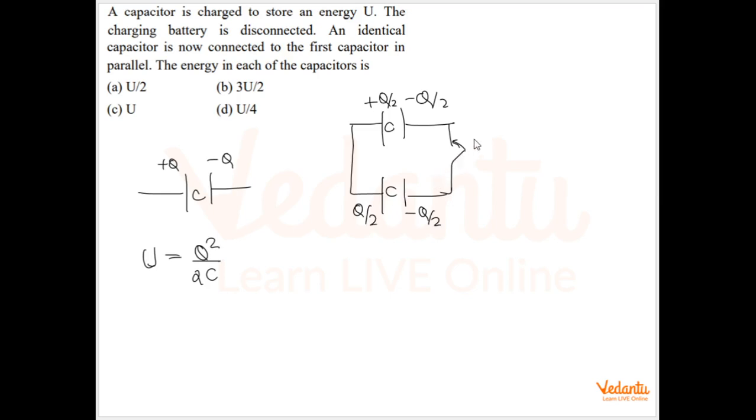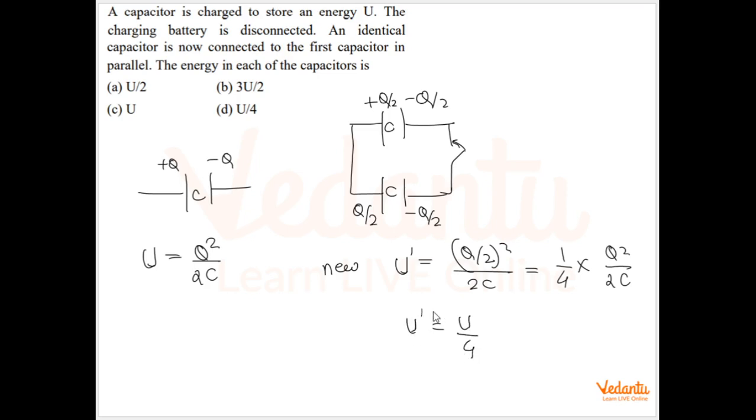Now here the new energy of any one capacitor will just be equal to (Q by 2) the whole square divided by 2C. That will be 1 by 4 into Q square by 2C. That will be nothing but U divided by 4. So option D will be the correct answer.